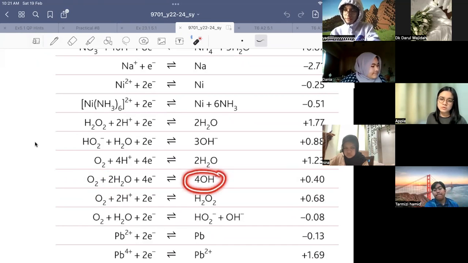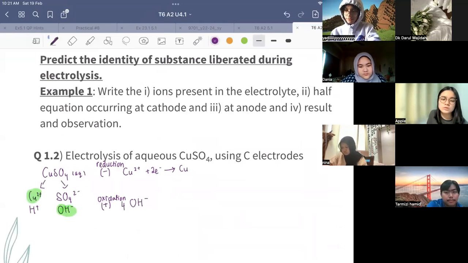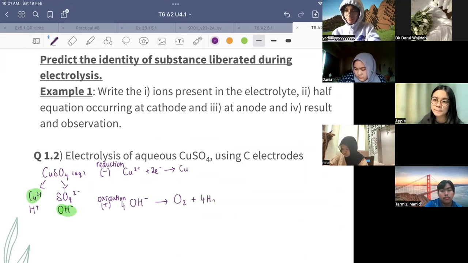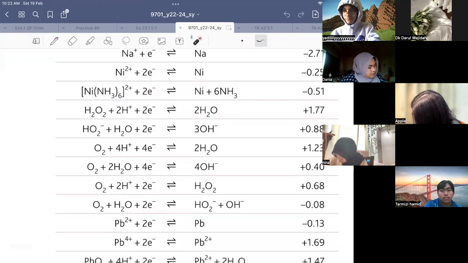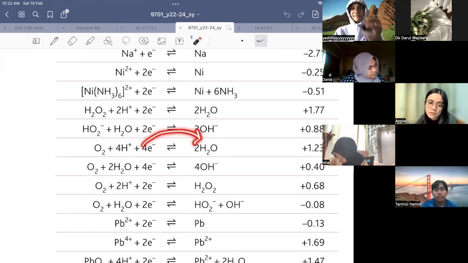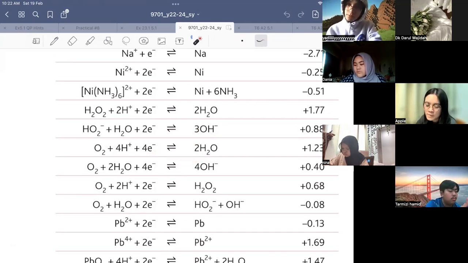You have to take the reverse equation, because the forward reaction in this list gives you a reduction reaction and the reverse reaction gives you the oxidation equation.